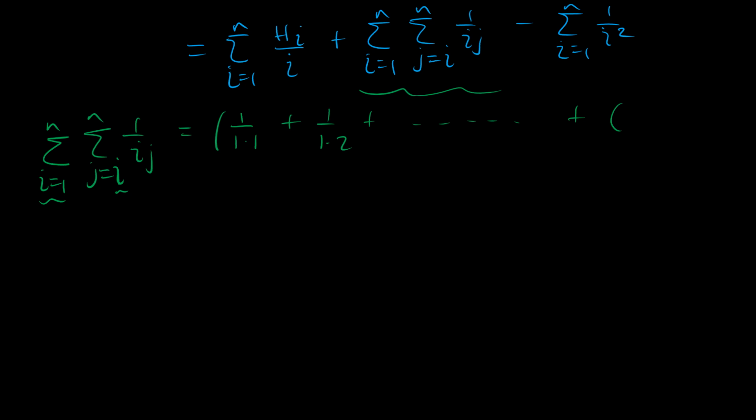Let's not have that bracket there because that will confuse us. So we have 1 over 1 times n. And then when i equals 2, we have 1 over 2 times 2, 1 over 2 times 3, up to 1 over 2n. And this goes all the way until we have i of n.